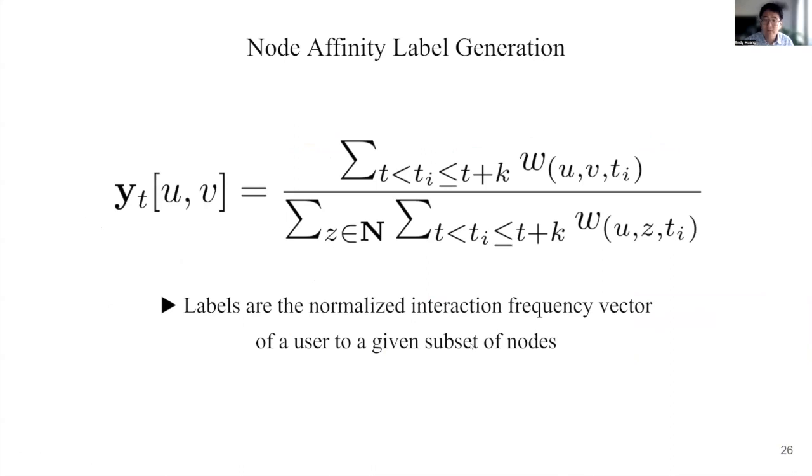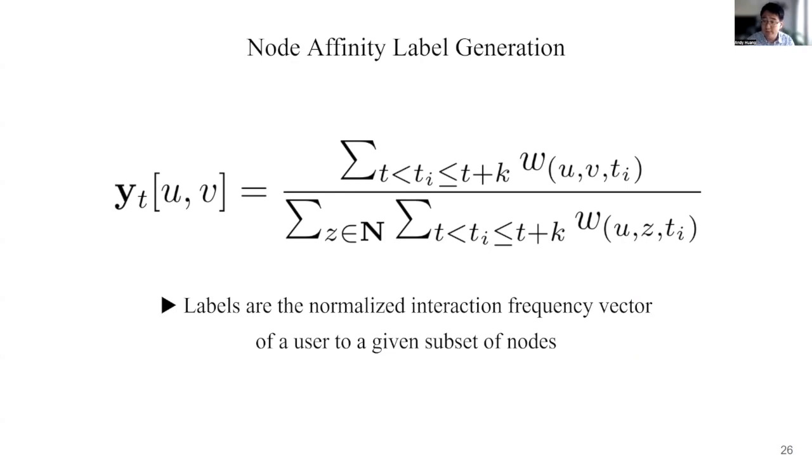Okay, so here is a very quick look, but I won't get into too much of the math here. This is just for reference, but the node labels that we generate in the work are essentially based on the dynamic graph structure, or the temporal graph structure. So for the label of today, you would look at the interactions for the node in the next 7 days or so, and then you would look at how frequently this node interacts with some other genres or the items that you have in the graph.